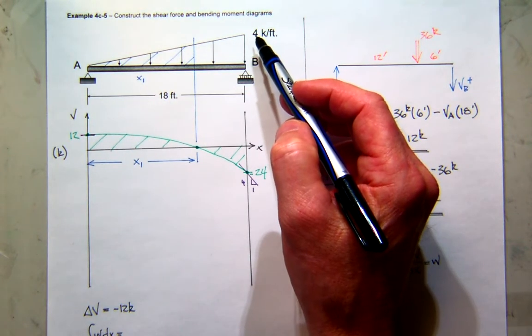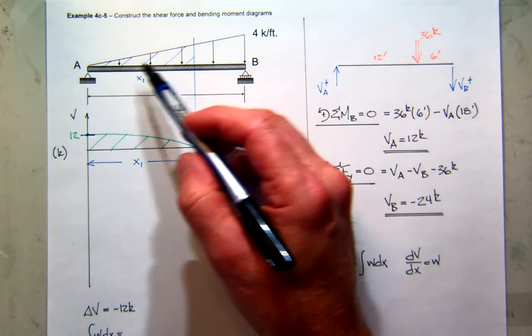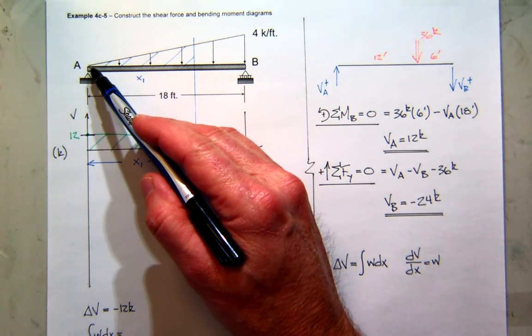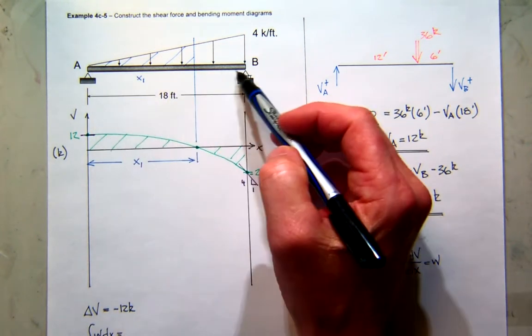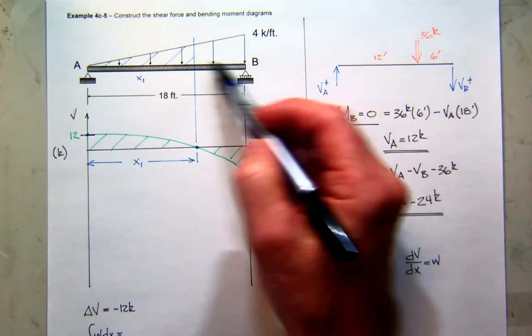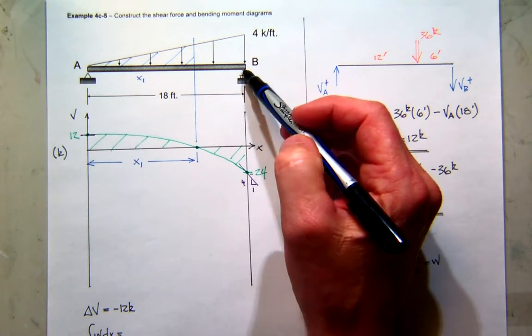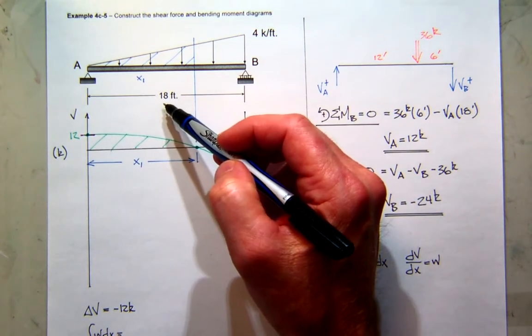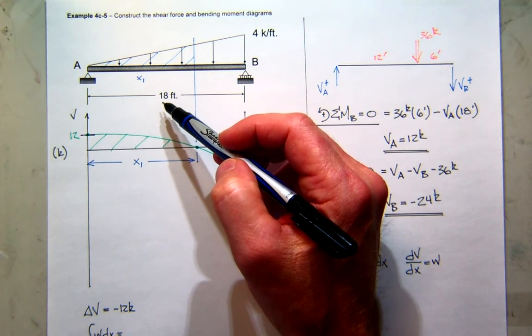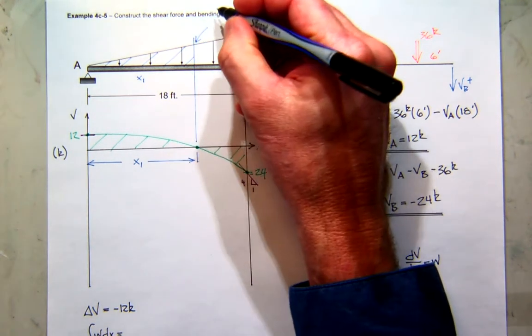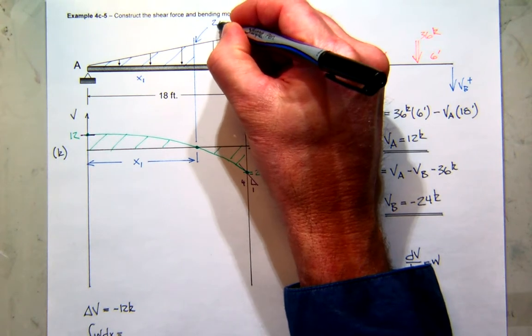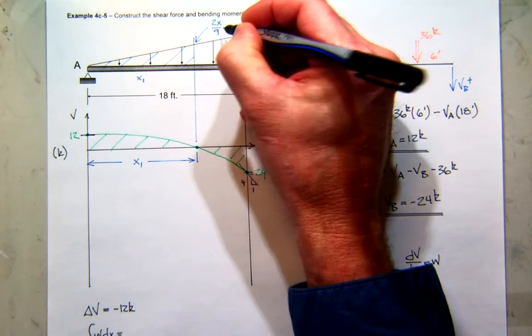Sure you can. It's a straight line. Starting at x equals 0, it's 0. So that means the intercept is 0. What's the slope of this line? Rise over run. Looks like 4/18, which is 2/9. So that means that anywhere on this curve, you're going to have 2x divided by 9.